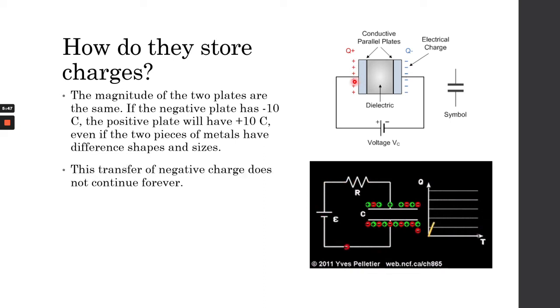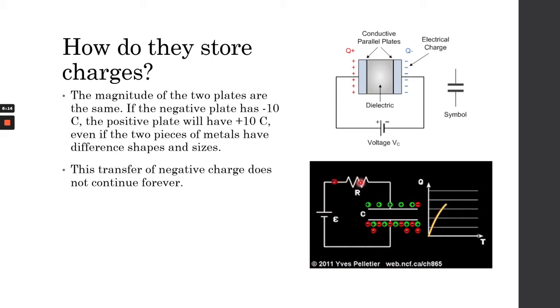Second, the transfer of negative charges does not continue forever. There will come a point that the negative charge will stop moving from one side of the plate to the other, simply because the whole system wants to be in balance. Just think of this negative dot that I'm moving right now.